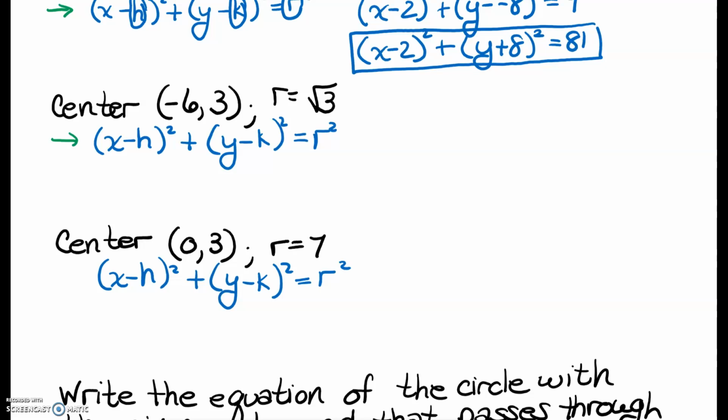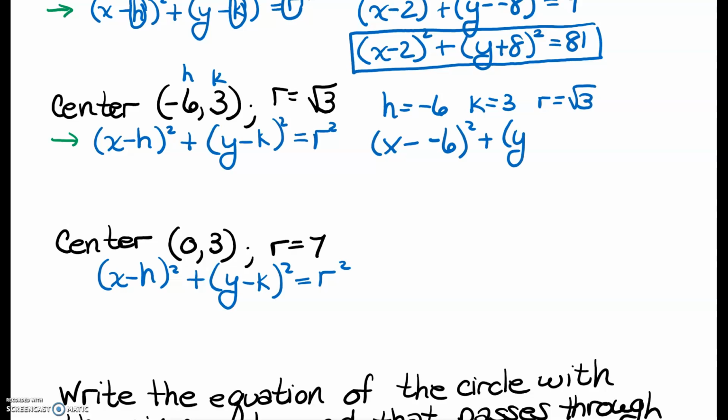My next example, let's pull the h and the k values out. This is h, this is k. h is -6, k equals 3, and r equals the square root of 3. So let's go ahead and plug those in our standard generic equation. h is -6, k is 3, and r is radical 3, and I can't forget that squared there.